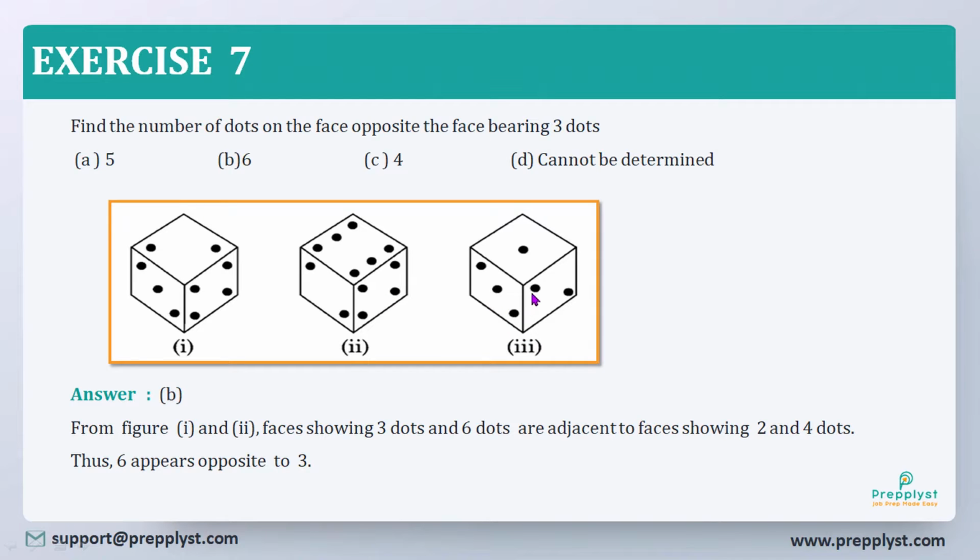Now as you can see, the face showing 2 dots has 6 and 4 and 3. So this face would have 6 on this side, because it is adjacent to the face which has 2 dots. That means the face which has 6 dots is going to be opposite to the face which has 3 dots, and that is option B.